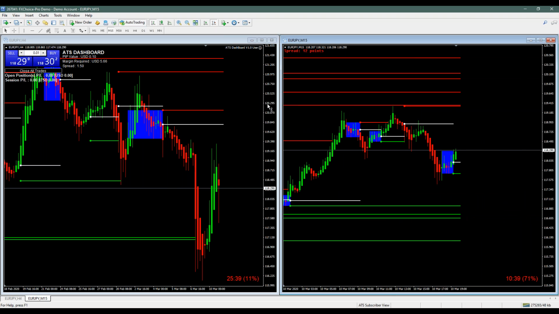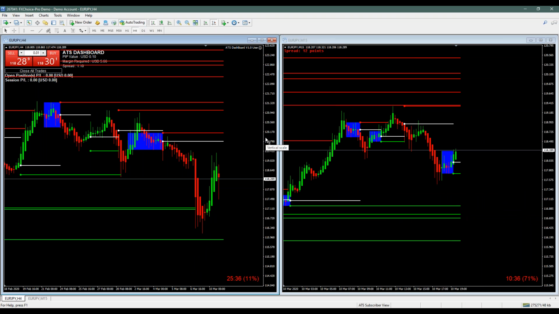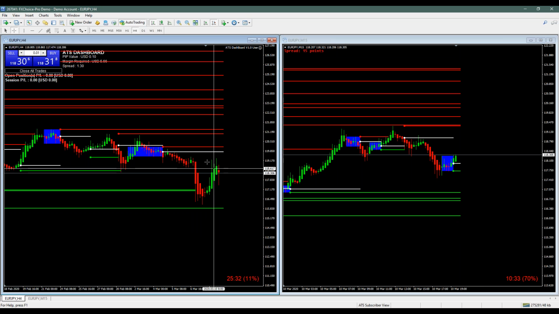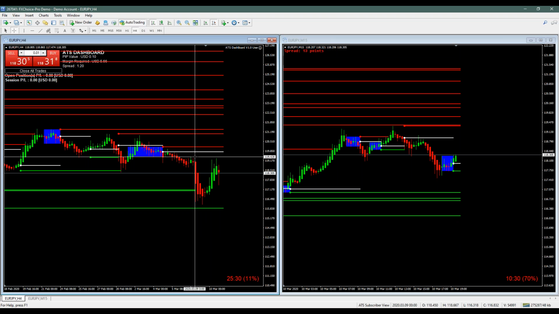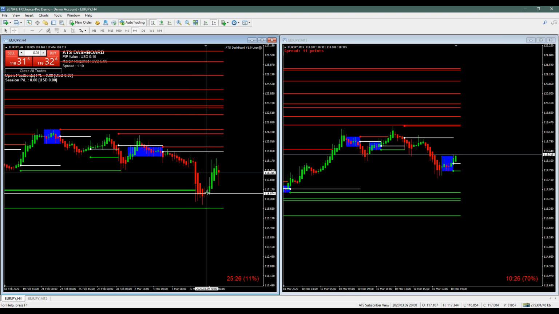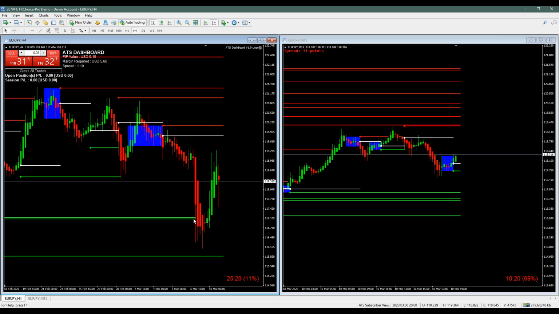Okay, so got a question. What would you do now on Euro Yen? So right now on Euro Yen, we came down and we took out this liquidity right here, and now we're obviously going back the other direction. If the market ever moves and takes out a big chunk of liquidity, you have to ask yourself why it ever moved in that direction in the first place.